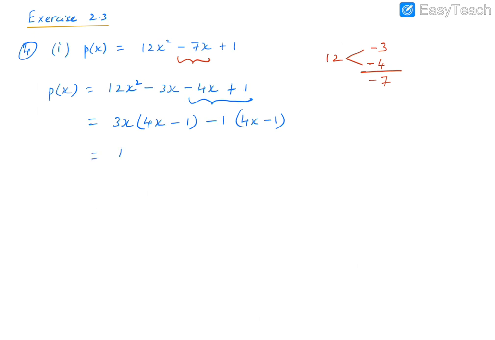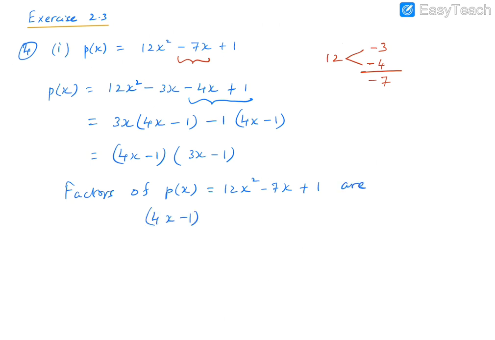Now we have 4x minus 1 as the common factor, which multiplies 3x minus 1. So the factors of p of x equals 12x squared minus 7x plus 1 are 4x minus 1 and 3x minus 1.